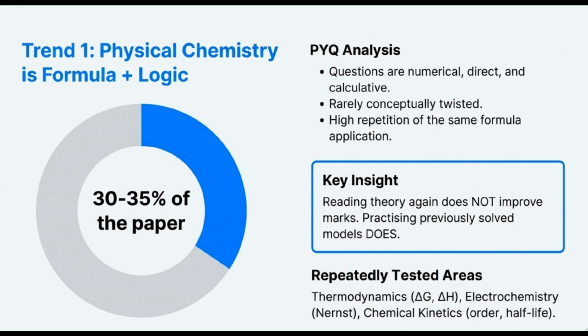Repeatedly tested areas are thermodynamics, Gibbs free energy and enthalpy, electrochemistry, Nernst equation and Faraday's laws, first law and second law, chemical kinetics, order and half-life, and mole concept, stoichiometry, and limiting reagents. Students who revise only formulas plus PYQ models consistently score 8 to 16 marks here.